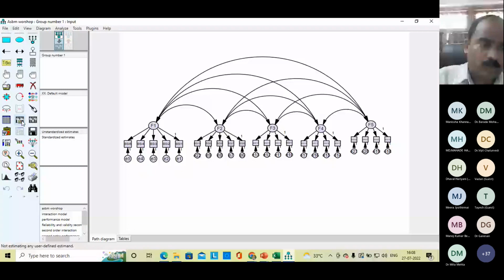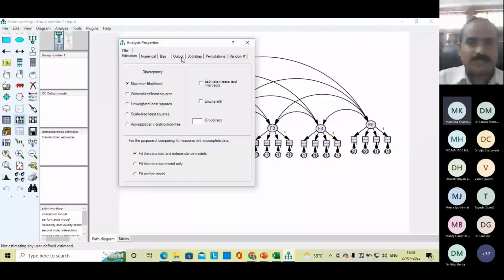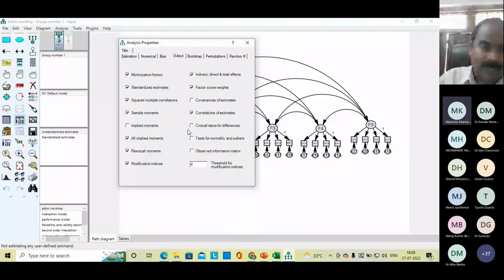So go to Analyze Properties. Look at my cursor movement. Click there. Perhaps these things you have not checked. Go to the output and check all these things. Have you done this? Okay, sir, I think there is something which I missed.